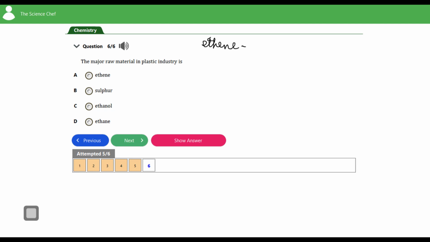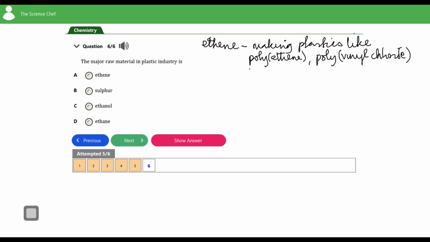Ethene is used for making plastics like polyethylene, polyvinyl chloride, your PVC, your polystyrene, etc. Ethene is also used for ripening of fruits, right?